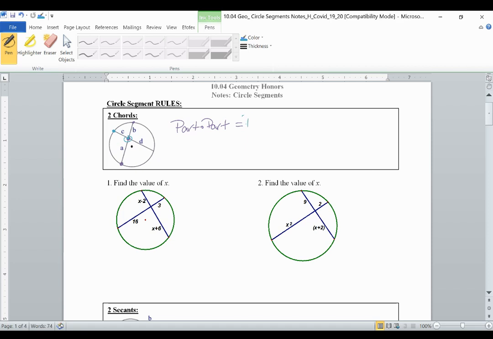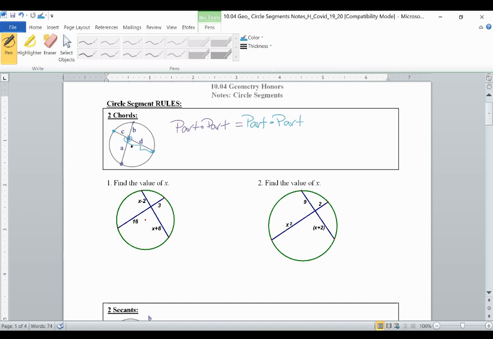That would be C, times the rest of that part, from the intersection to the other end of that chord. So the rule is part times part equals part times part.